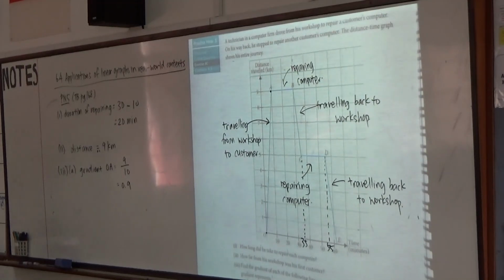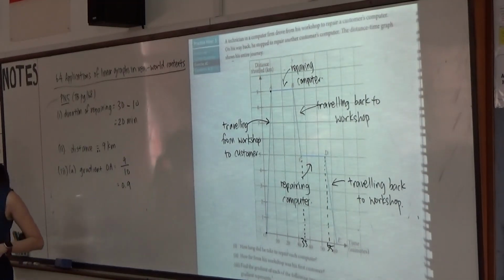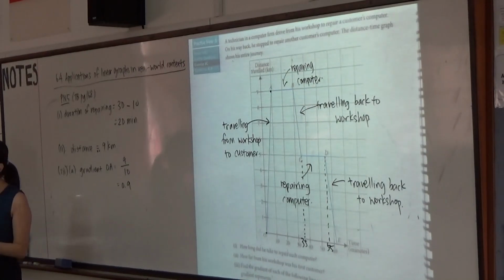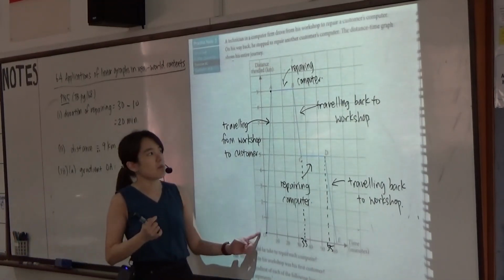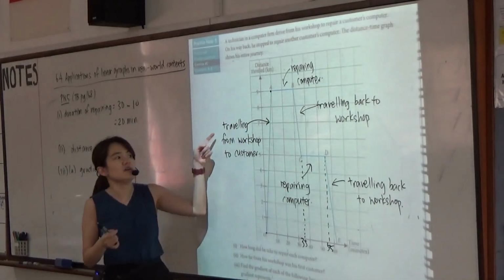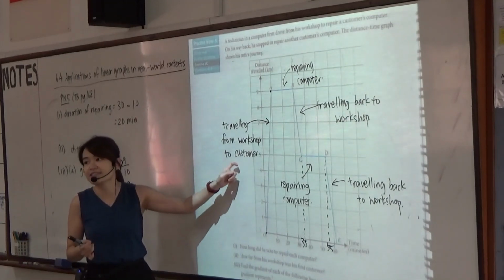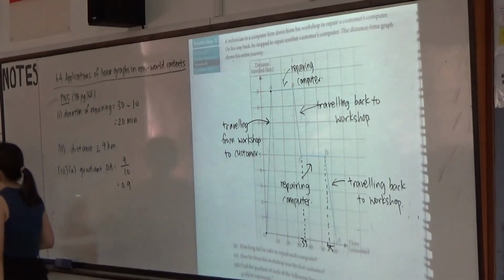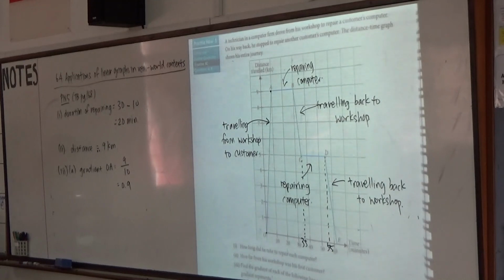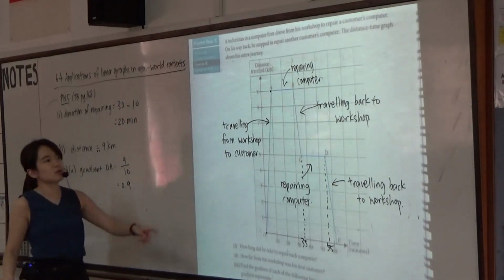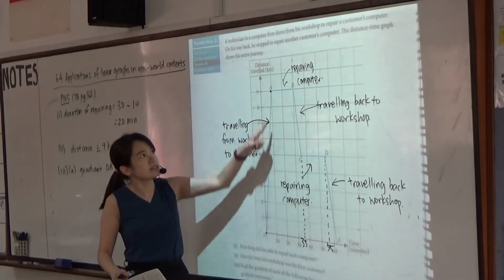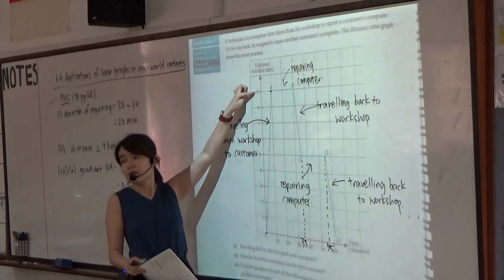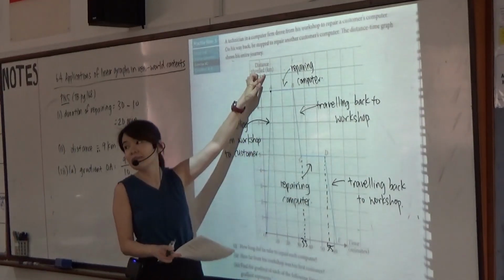The question did not just stop at asking you to find the gradient, it also asks you to state what the gradient represents. So we know that this motion from O to A is the motion of traveling from the workshop. We must also understand that when we took the rise, the rise itself is 9, which is what? 9 kilometers.